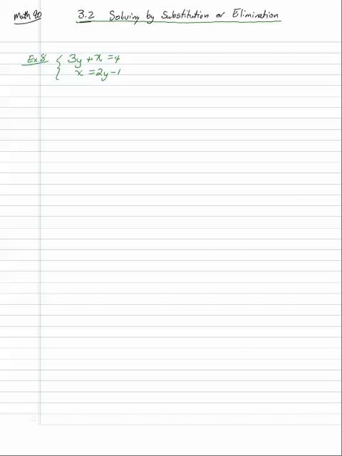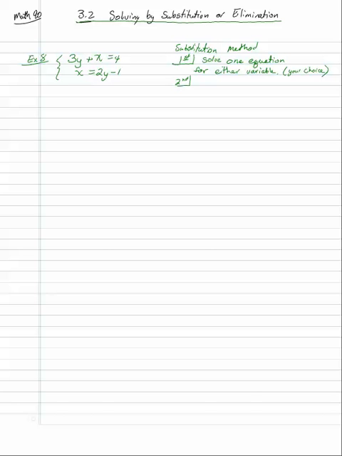So for the substitution method, the first step is you're going to solve one equation for either variable, and it's your choice. You can solve the top equation for x, top equation for y, bottom equation for x, or the bottom equation for y.